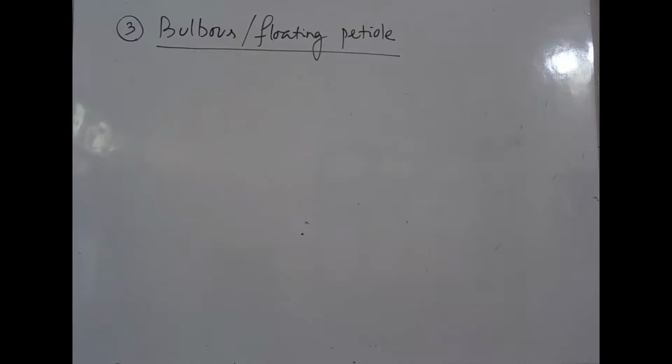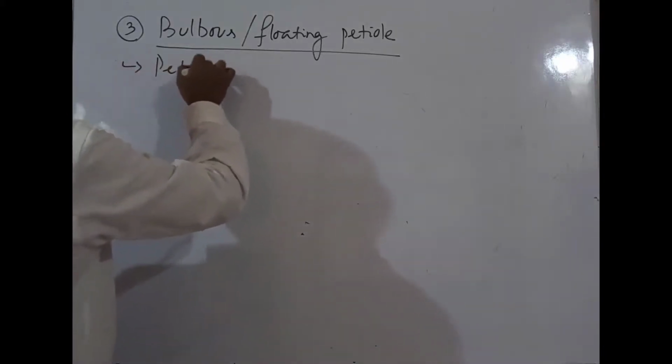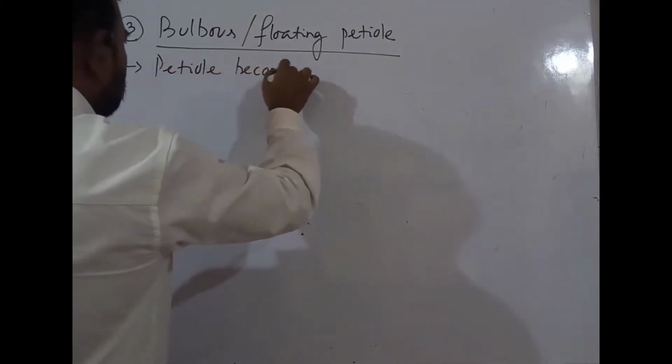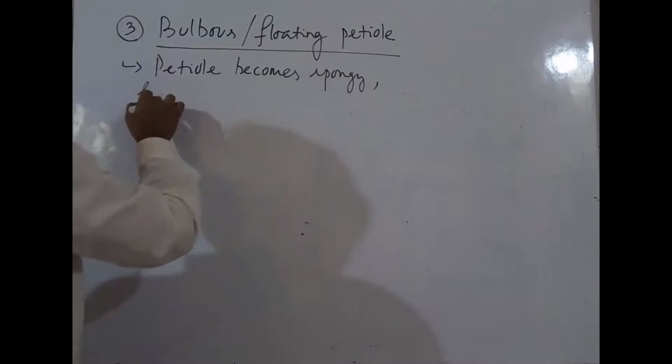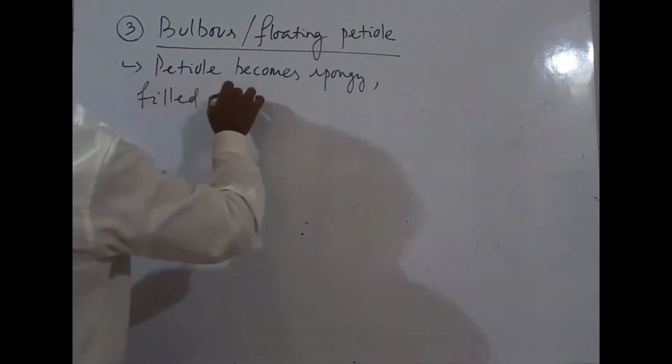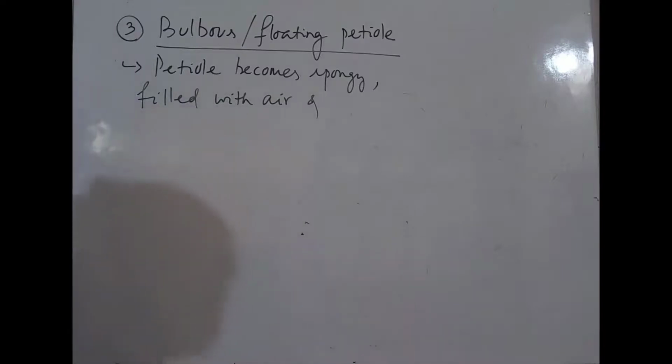So the petiole becomes spongy, filled with air, and maintains buoyancy or helps in floating.